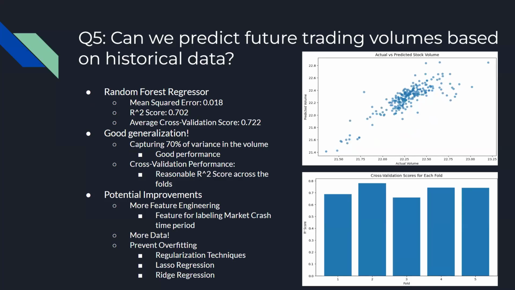This would be a little bit weird because we're trying to capture just how the pandemic has affected the stock market. But we could also try to prevent overfitting, like what it was doing in our linear regression model, where it was overfitting to the second fold, by using some regularization techniques such as lasso regression or ridge regression.